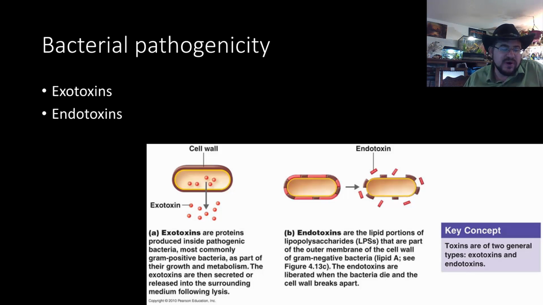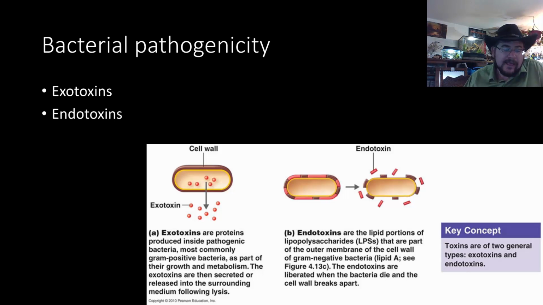So endotoxins produce a longer duration infection. When the immune system gets into it, killing an endotoxic bacteria does not stop the toxin because the toxin was part of the cell wall. So you have to both kill the bacteria and then completely break down the cell wall before the toxin stops affecting you. Whereas with the exotoxin, you kill the bacteria, it stops making it. Exotoxins on their own have a short activity duration.